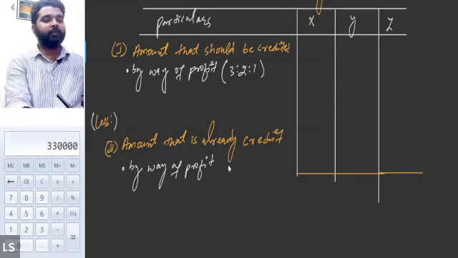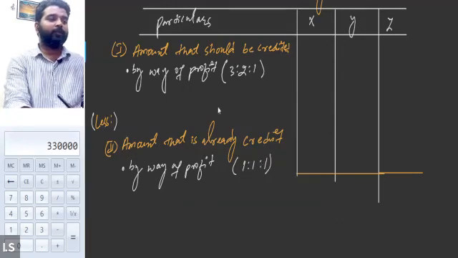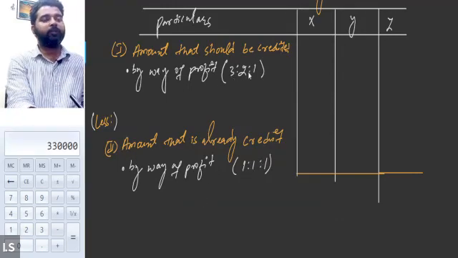But by mistake, the partners have shared the profit in the equal ratio, 1:1:1.